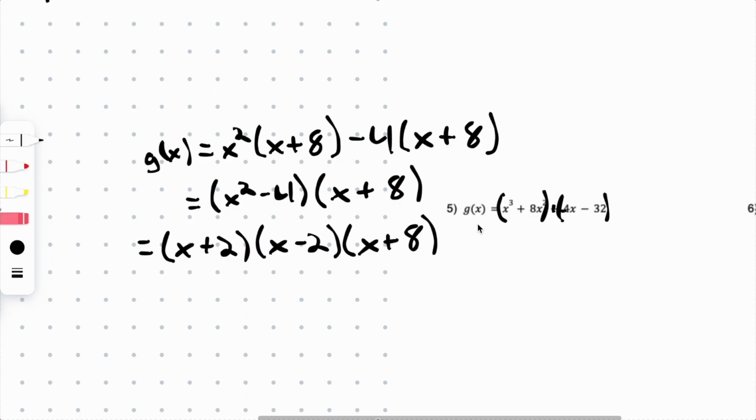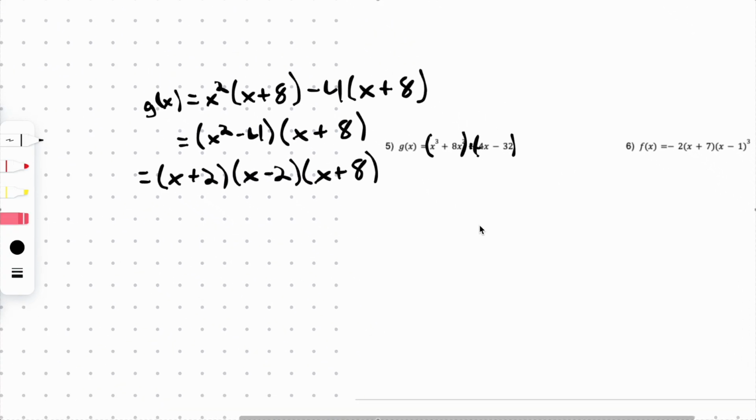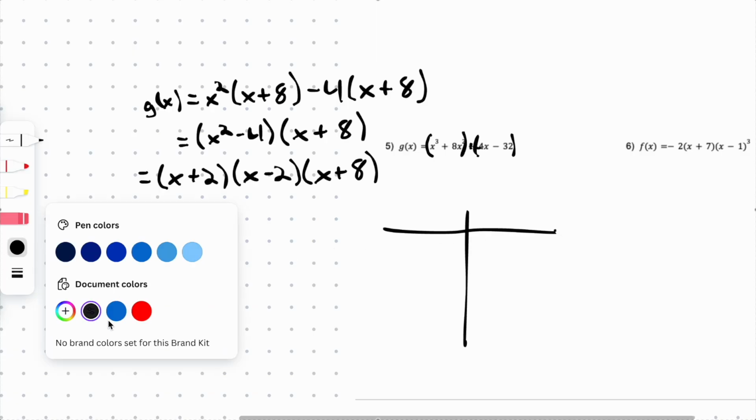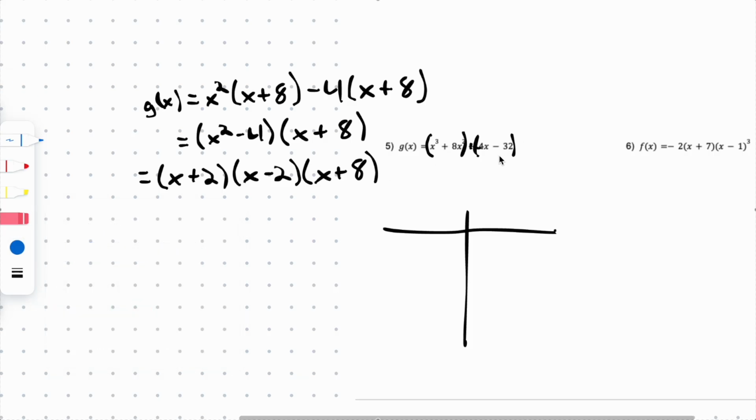Okay, now it's easier to graph this since we have it in factored form. So we have all the zeros right here. So let's graph this. First of all, here we can tell our y-intercept.